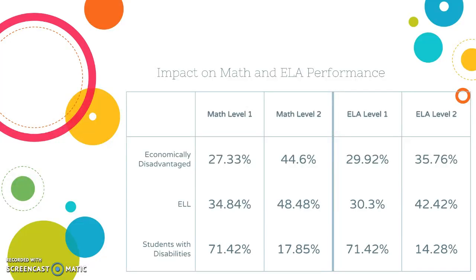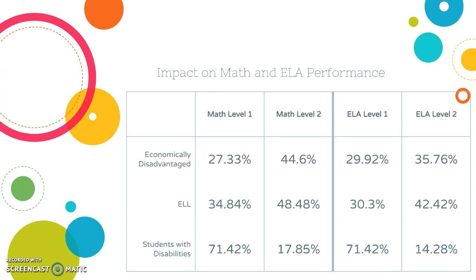As far as the impact on math and ELA performance, what I looked at were students falling within the level 1 category, which would be below grade level, and level 2, which would be grade level work, but the expectations are not high enough quite yet. For economically disadvantaged, in Schilling 27% of that group performed at level 1 and 44% performed at level 2.